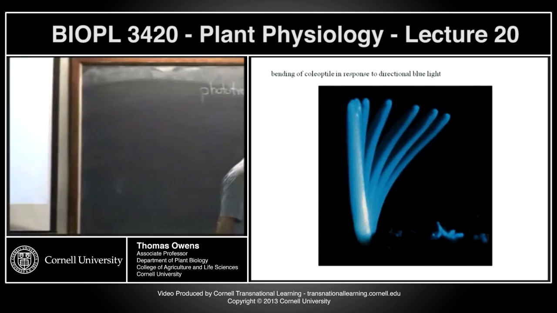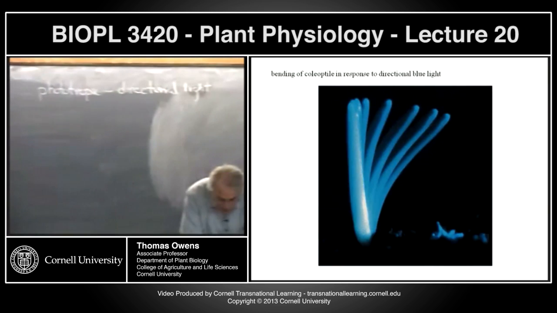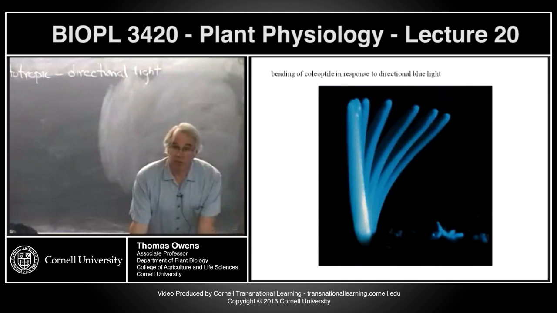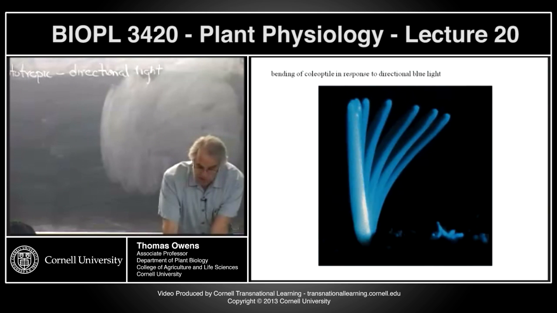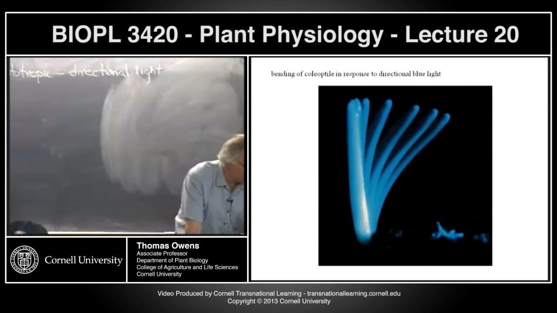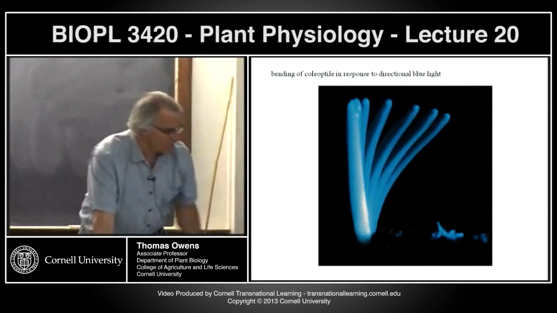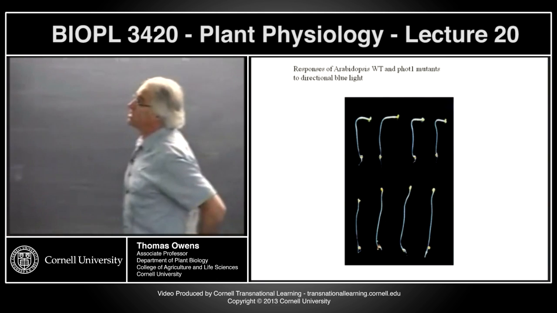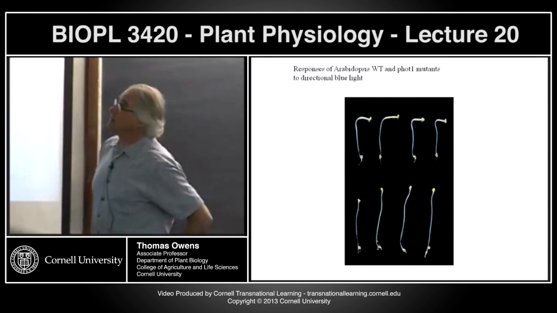It's a directional response. And one of the things that you should be thinking about is what's the purpose of this directional response? Why would a plant even want to do this? Now, you don't need to answer it now, but you certainly should be thinking about that as you study this section. So that was the coleoptile, which is a monocot. Here's Arabidopsis seedlings. It's a dicot.